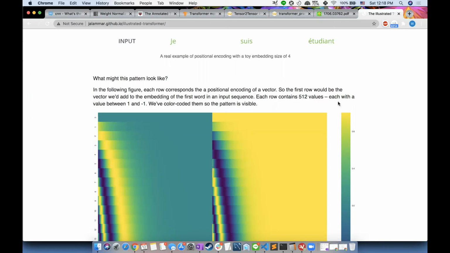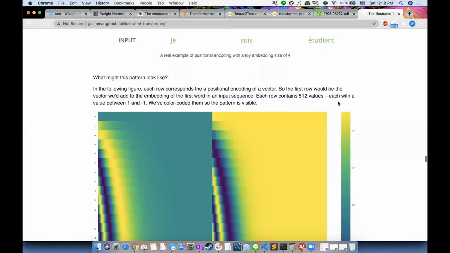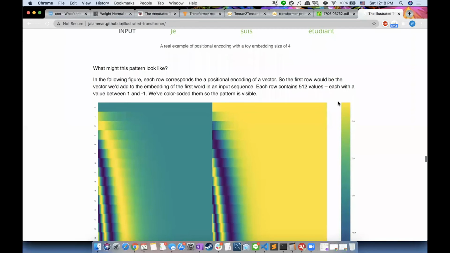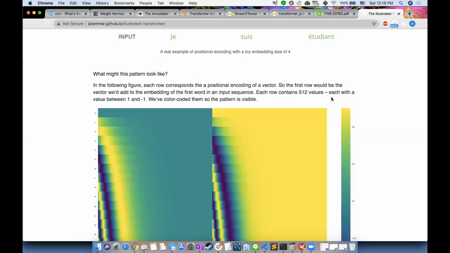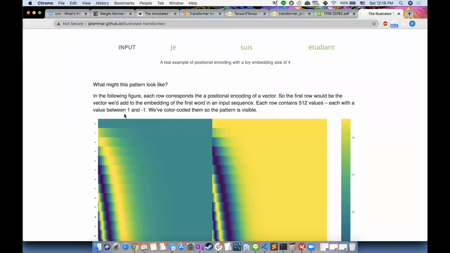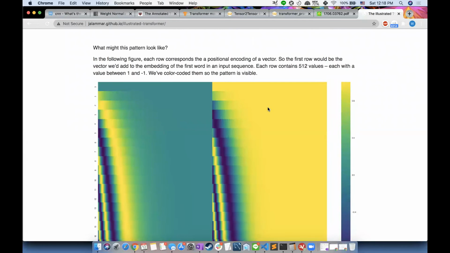Each row contains 512 values because each input has 512 dimensions, right? And that's why each row would have 512 values to be added on top of the embedding. Each with a value between 1 and -1, we've color coded them so the pattern is visible.